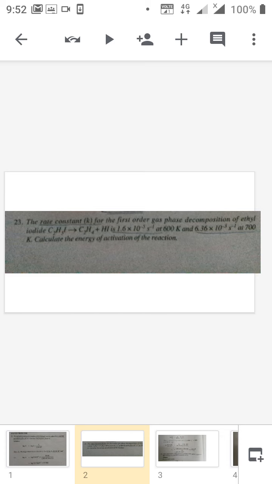Okay. Now the rate constant K for the first order gas phase decomposition is given. K1 is given as 1.6 into 10 to the power minus 5 second inverse at 600 K, that is, T1 is also given. Then K2 is given and the other temperature, that is T2, is given. Our question is to calculate the energy of activation, that is EA.